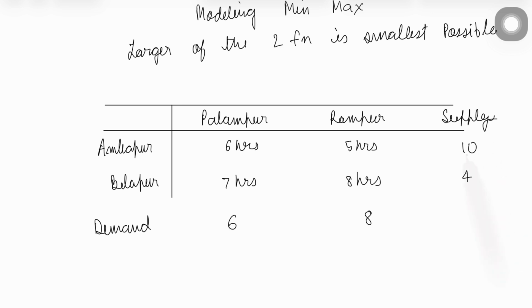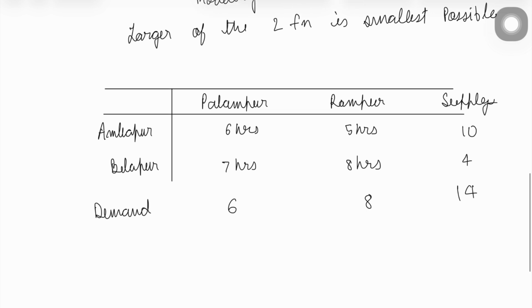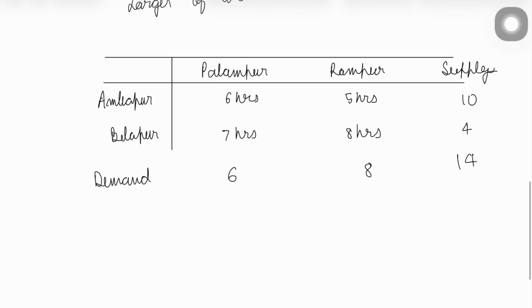We have the supplies and the demands, and they are balanced. Whether the problem is balanced or not, we will discuss later, but here we can simply take 4 decision variables. Let's say those are X AP, X AR, X BP and X BR.